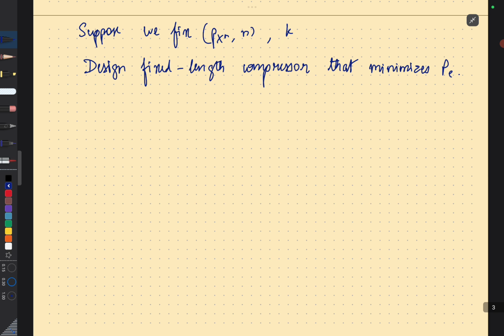This goes back to our design of the optimal variable length source code. So you write down all of the sequences in decreasing order of the probabilities. All right. So let's say I have xn of 1 up to xn of size of x to the power of n.